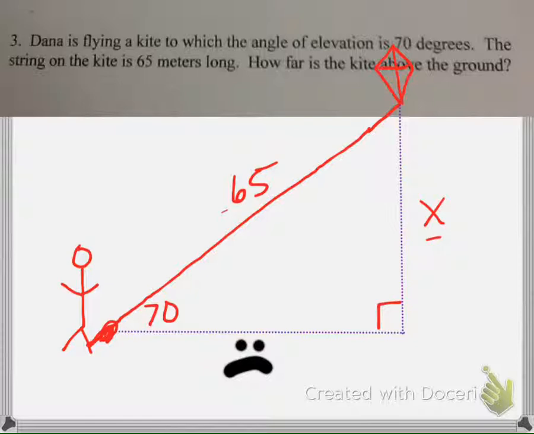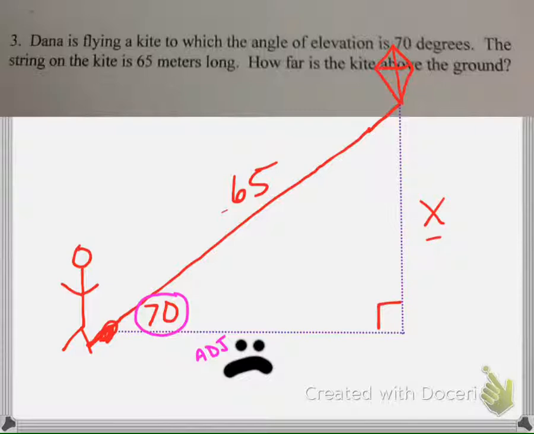Then what you have to do is figure out which side that is. If you're standing at 70, it's not the hypotenuse, and it's not the side opposite 70. That's the x. So this is the adjacent side.